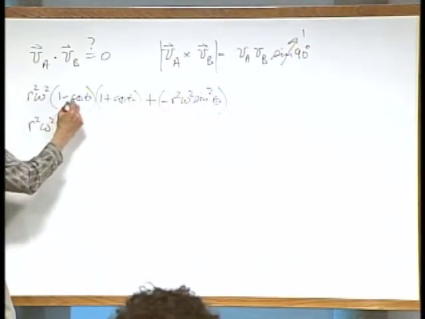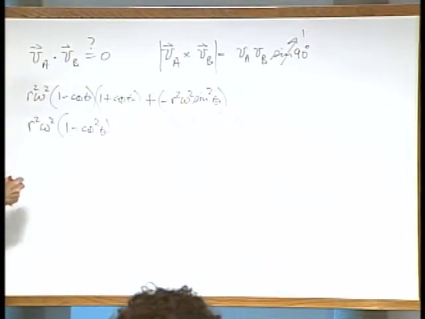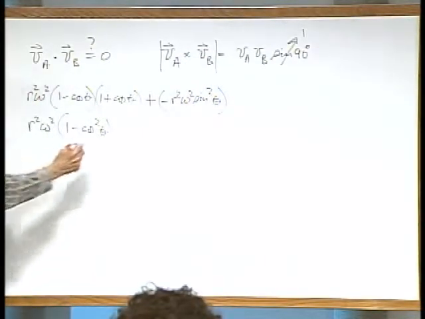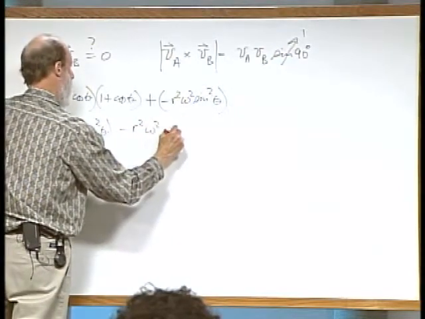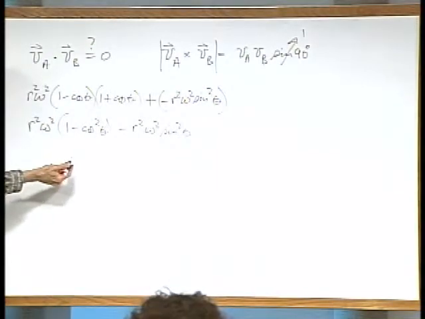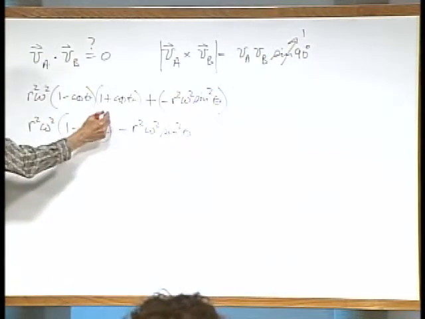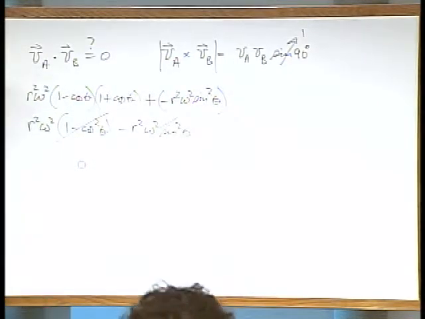And we end up with this, and this is a difference of squares. And this is sine squared theta, right? So this all zeroes out, illustrating that they're perpendicular.